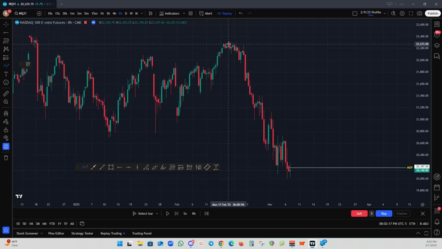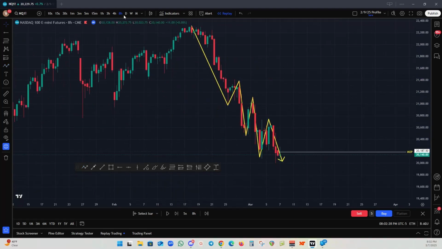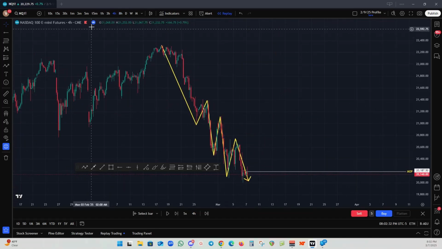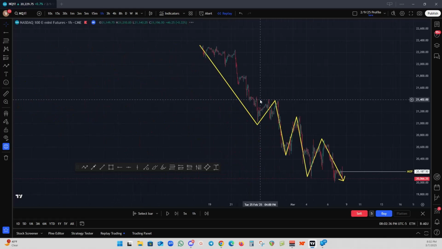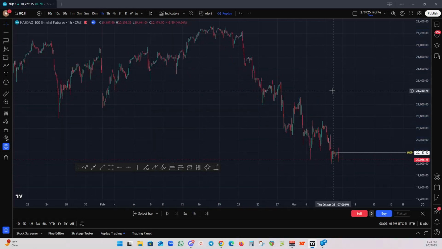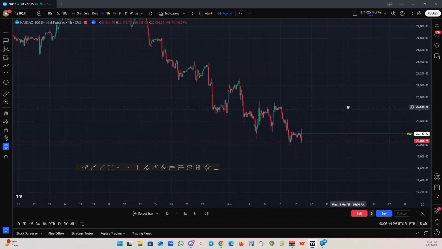As you can see, low, high, low, high, low, high, low. So it's following, and then that's the 4-hour. I'm going to go down to the 1-hour. On the 1-hour, you can see it's making lower highs and lower lows.